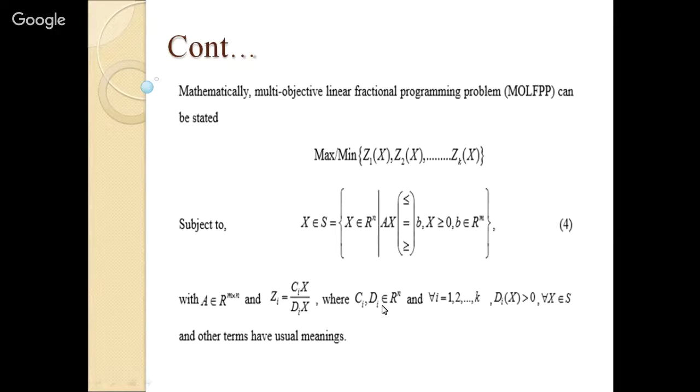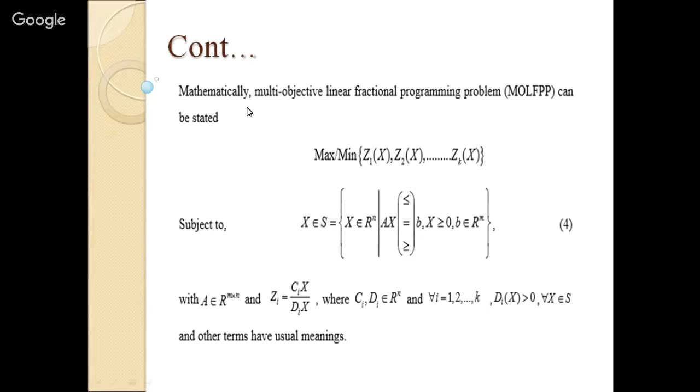C_i and D_i are elements of Euclidean space, and for all i equal to 1 to k, your denominator part D_i x must be positive. We assume that it must be positive for all the elements of your feasible region. x belongs to S, where S is the set of the feasible region.